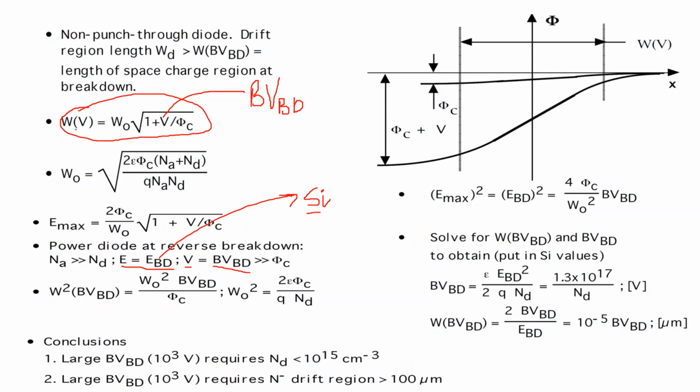So you will get W square at breakdown voltage is equal to W naught square, written here, plus square of this whole with this. If you make a square of it, you will see that 1 is very small as compared to this quantity, because breakdown voltage is very high as compared to 1. So this 1 can be neglected and we get this expression here.